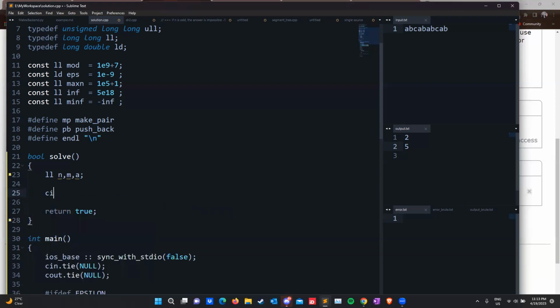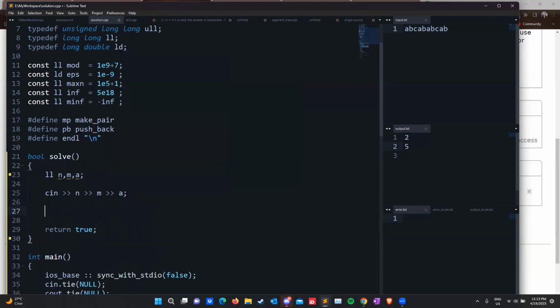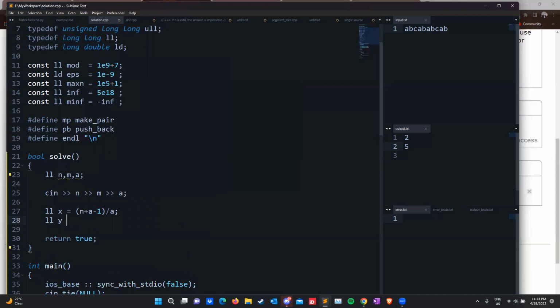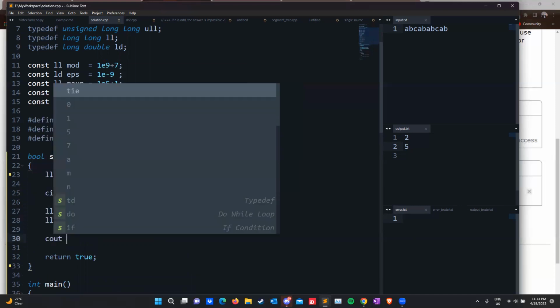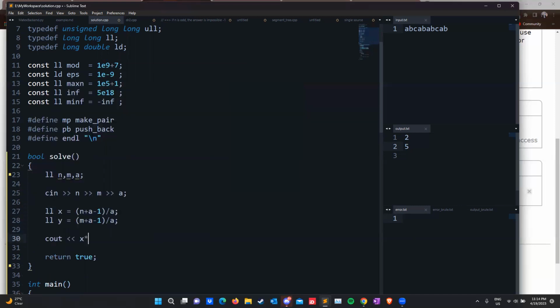So we take in n and a, then your x is just equal to n plus a minus 1 over a. Your y is just equal to n plus a minus 1 over a. And your answer is just x into y.